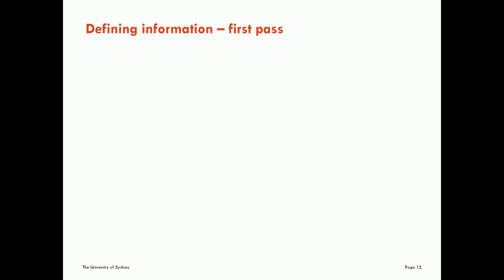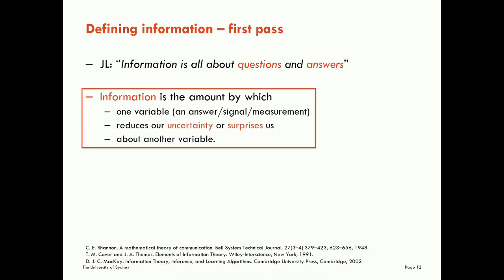So let's start defining information. We'll take our first pass still from a qualitative perspective. I like to say that information theory is all about questions and answers. We can think about information as being the amount by which one variable, which could be an answer itself, a signal, or a measurement, reduces our uncertainty or surprise about another variable.